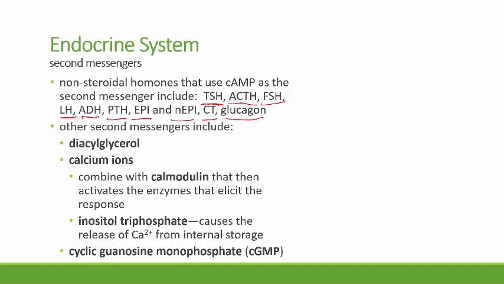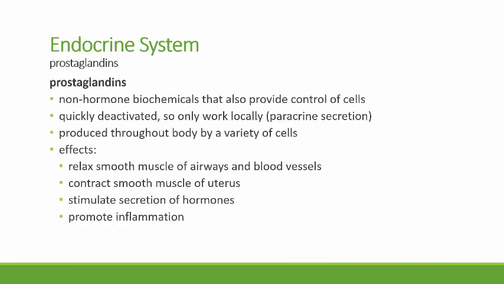Prostaglandins, we talked about them very briefly, but prostaglandins are non-hormone biochemicals that also provide local control of cells, and they do it with mechanisms similar to those of hormones. But because they are very quickly deactivated once they're released out into body fluids, they only work locally.